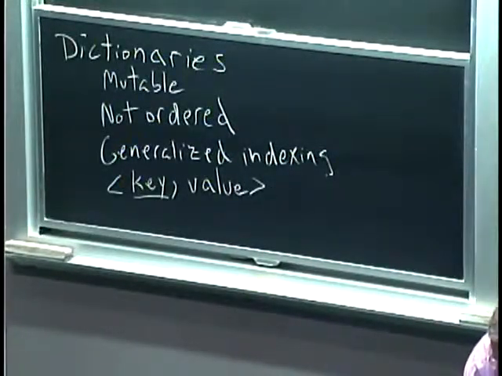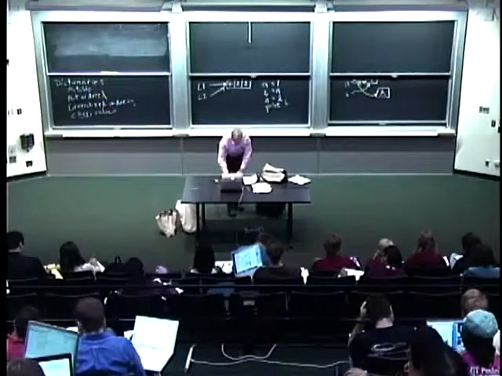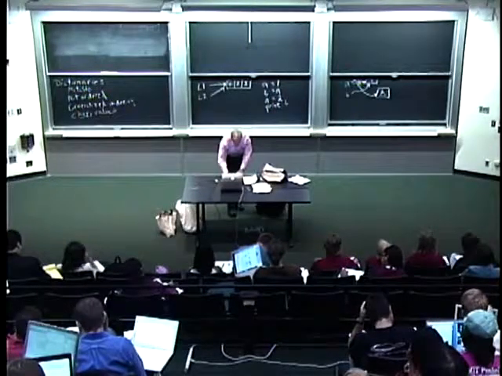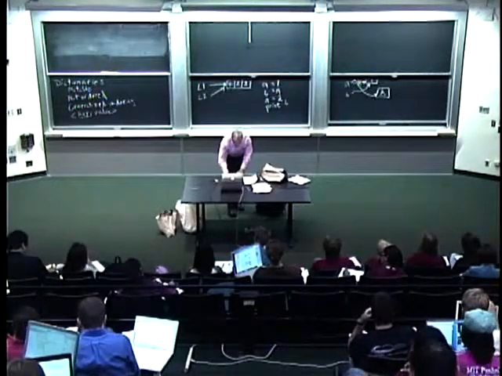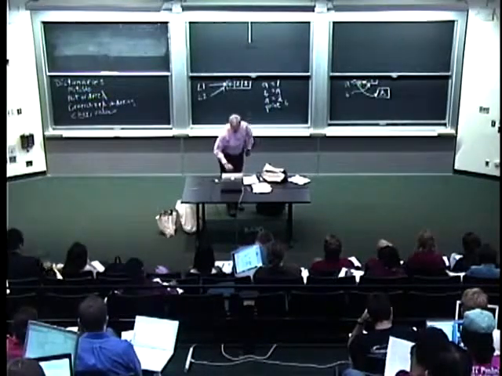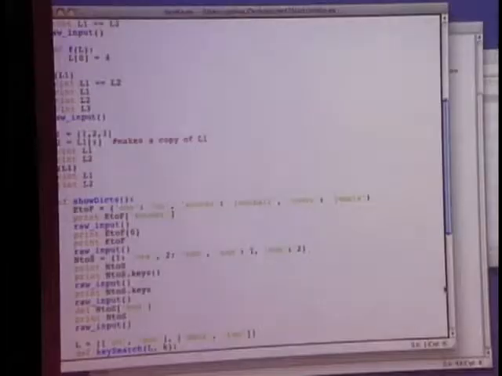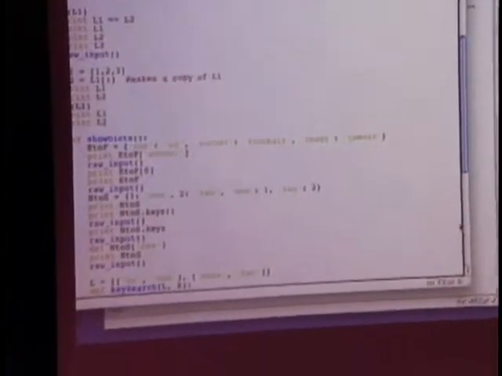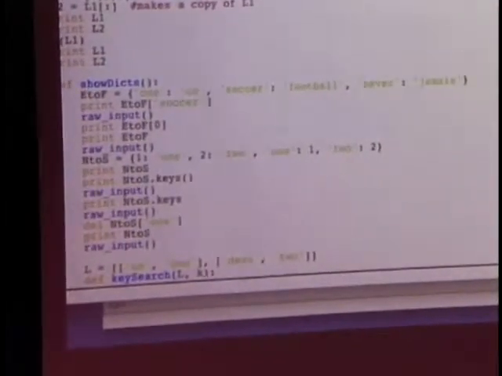So we can have an example. Let's look at it. If you look at the function showDix here, you'll see I declare a variable called e to f. Think of that as English to French. And I've defined the dictionary to do translations.